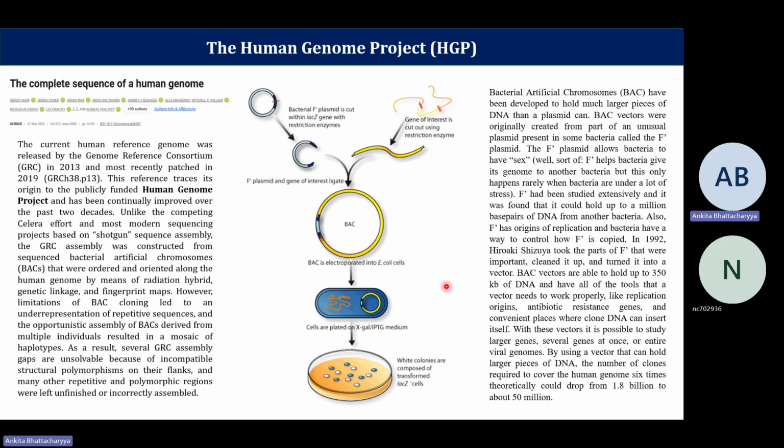After transformation, based on blue-white screening, you'd be able to select those populations that have been successfully transformed. Those bacterial populations would be grown, more and more amplification of your target sequence would be feasible, and then they can be used for DNA isolation and for sequencing.